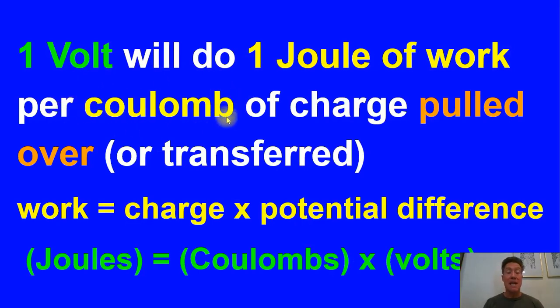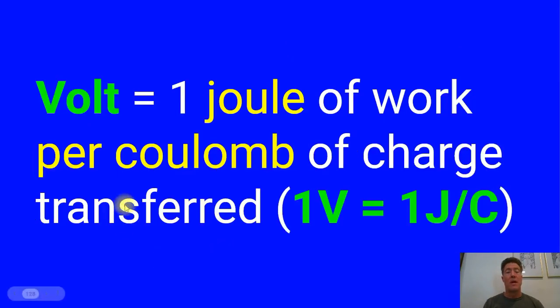That's 6 times 10 to the 18 electrons per coulomb of charge that's pulled over or transferred from the higher to the lower voltage, or the higher potential to the lower potential. So we define a volt as 1 joule of work per coulomb of charge transferred. And the units there will be joules per coulomb.